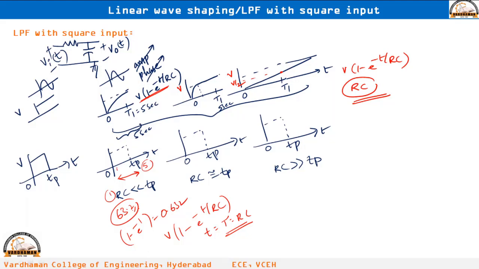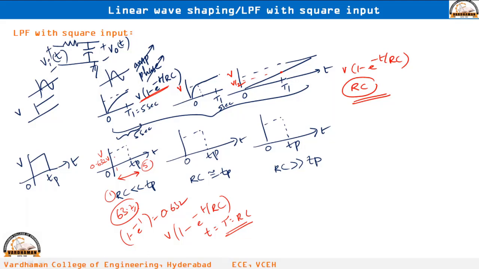Since RC is equal to 1 second, within 1 second the output can reach 63.2% of the final output. The final value is V, so 0.632 V will be here. To reach this value 0.632 V, it will take 1 second only, because we have taken RC equal to 1 second. So by the completion of 1 second, the output reaches 0.632 V.